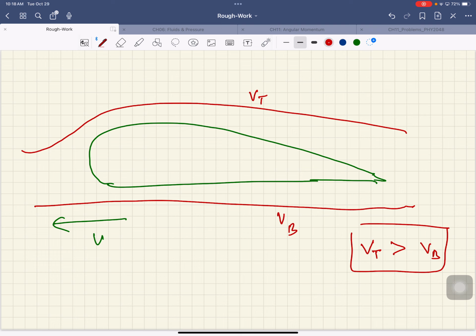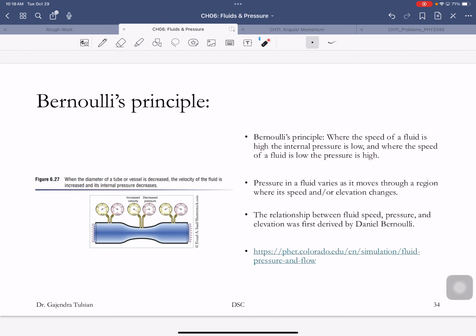Whenever fluid flows faster, the pressure is lower. Pressure is higher here, and that is what gives you the lift. Higher pressure below gives you the lift. So you can see that's what is illustrated here: when the pipe is constricted, fluid is flowing faster, and the pressure is lower.